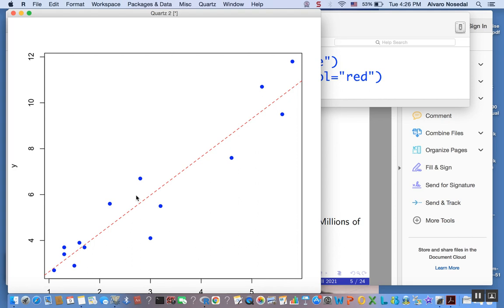So that's why that normality assumption is so important.